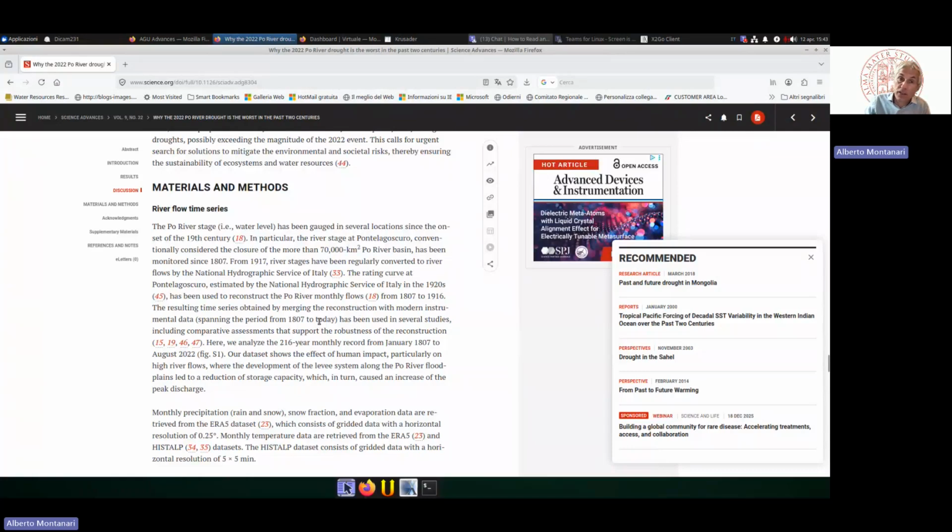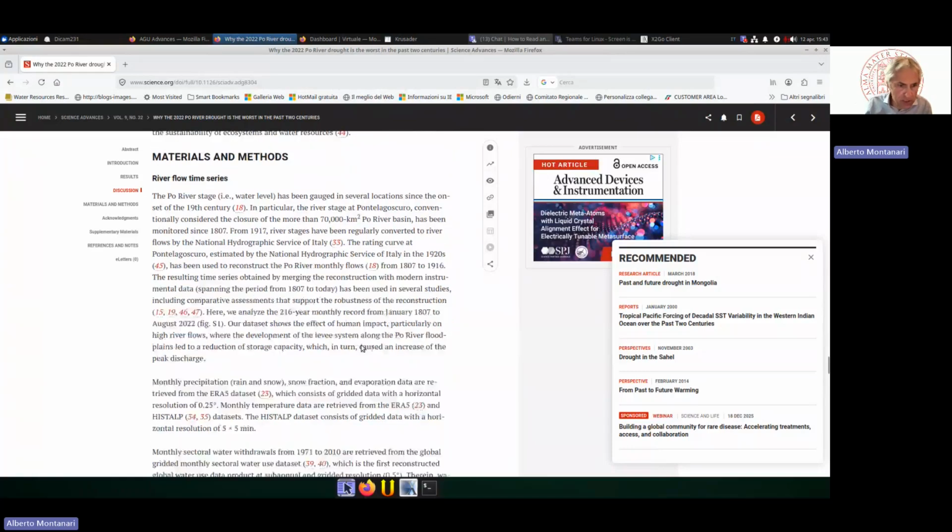Measurement instruments were different. So you may want to see if the measures that were taken at that time are comparable to the measures that are taken today. And then you may be interested in reading the materials and methods in more detail. I assume I'm not very interested, so I'm just browsing what is described here.